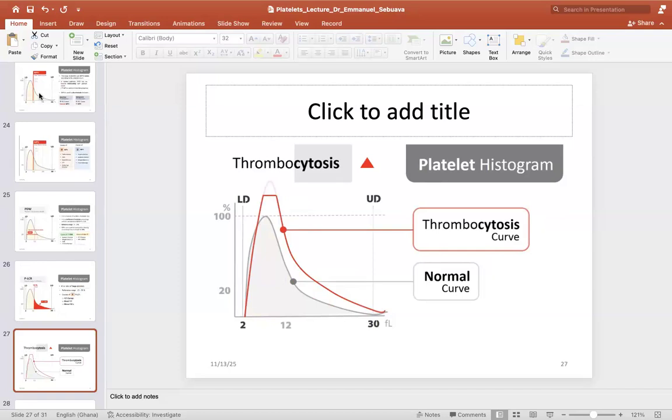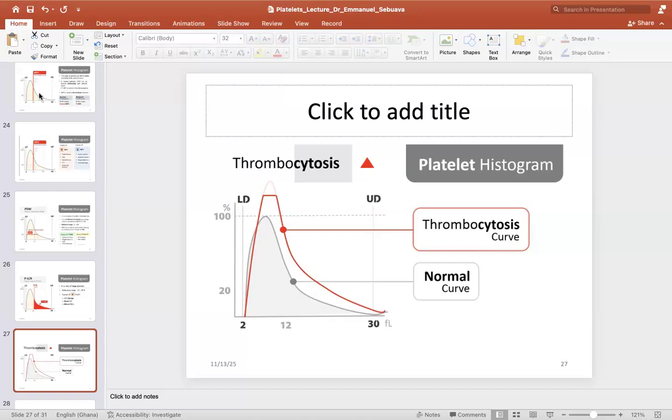Thrombocytosis means increased levels of platelets. There is a normal graph of platelets, but when you have increased levels, in fact, in the presentation I wanted to do, I should have been able to talk about essential thrombocytosis, some of those things that actually cause high levels of platelets.